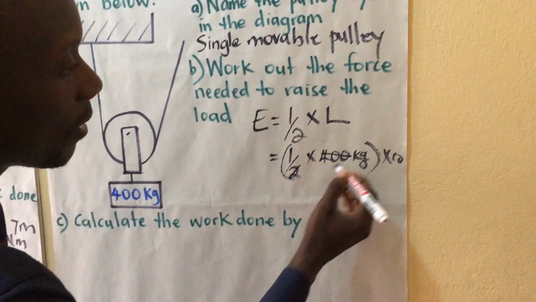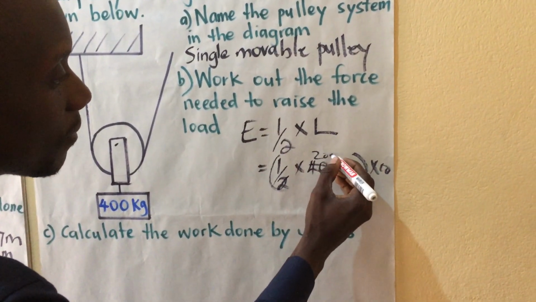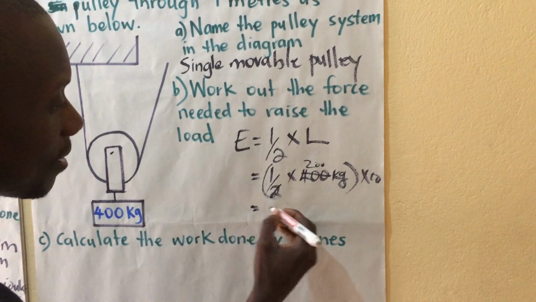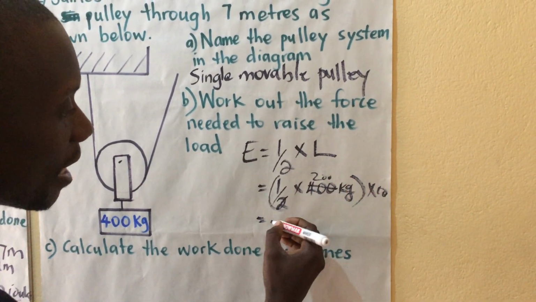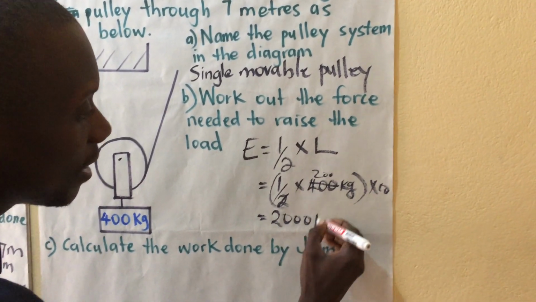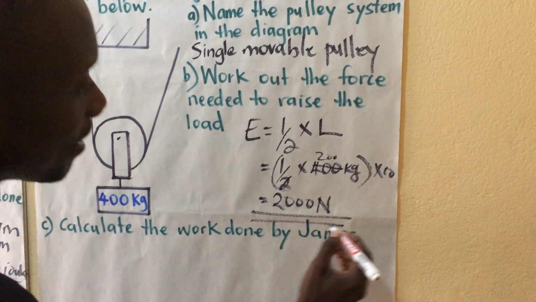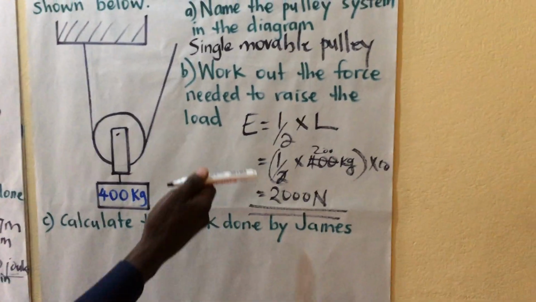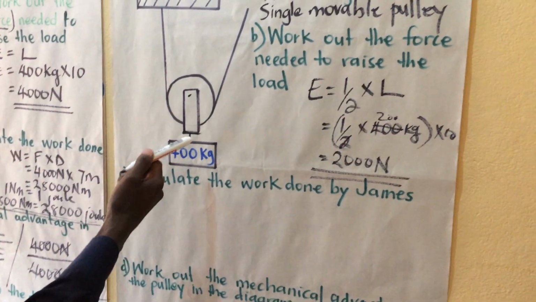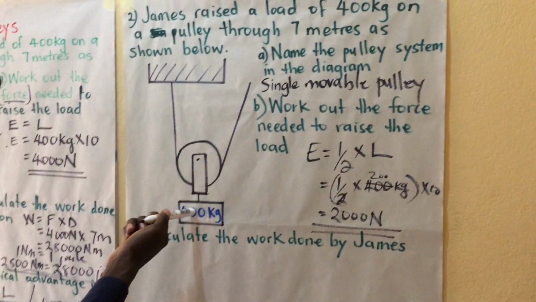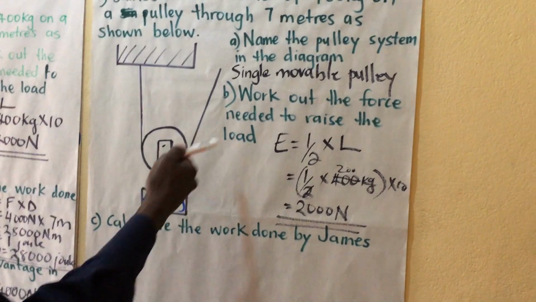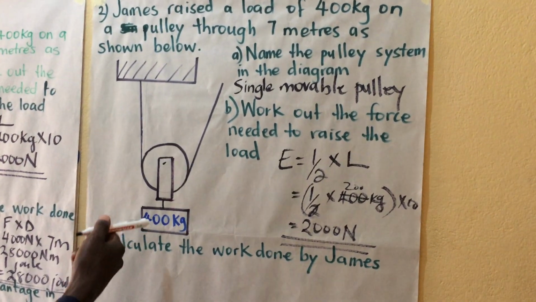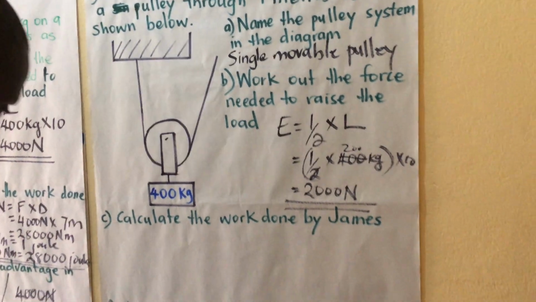Working this out, we shall get 200 kilograms times 10, which is 2,000 newtons. That is the force. If they just asked mere effort, we would say a half of that, which is 200. But now they want it in newtons, so we have to multiply by 10.